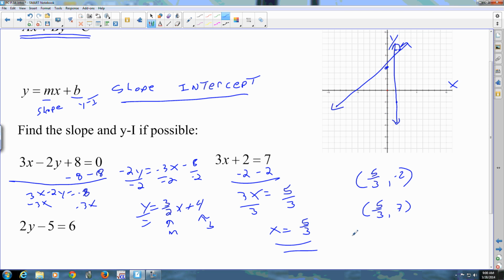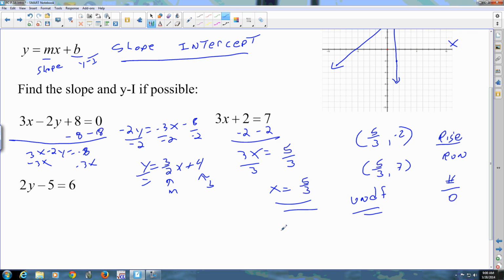So what's the slope of this line? The slope of this line is undefined because you're rising, but you're not running. So some number over 0. Again, that's undefined. And there isn't a y-intercept. For the y-intercept, that's a situation where you'd say none.